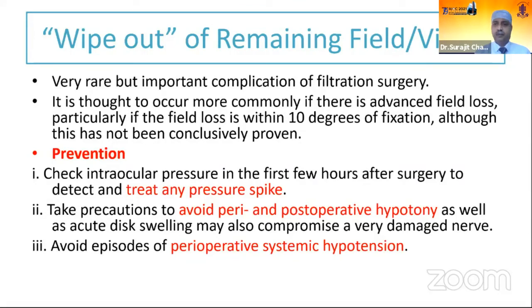Also, while giving the peribulbar block, adrenaline is better avoided. And take precautions to avoid peri- and postoperative hypotony. Perioperative systemic hypotension is another factor that can cause a wipeout.